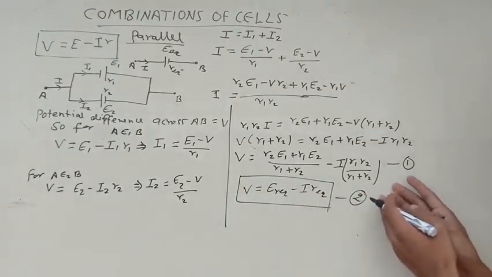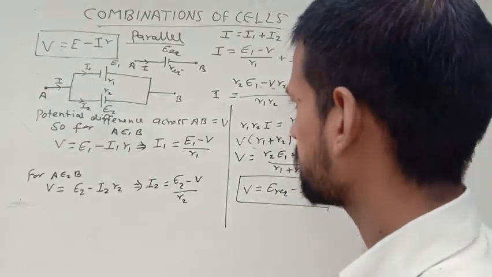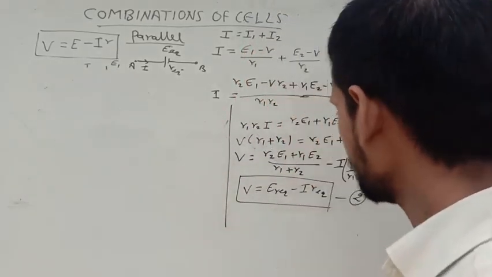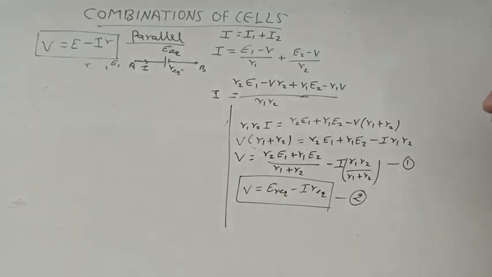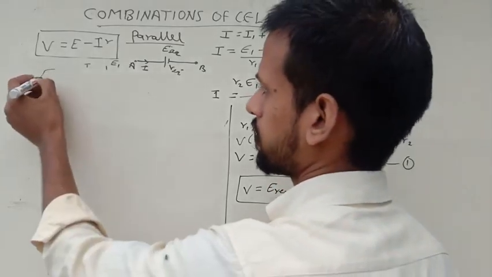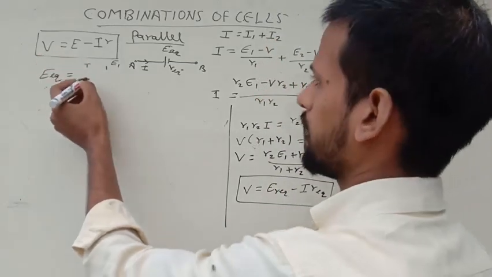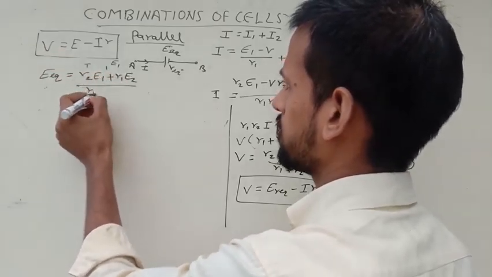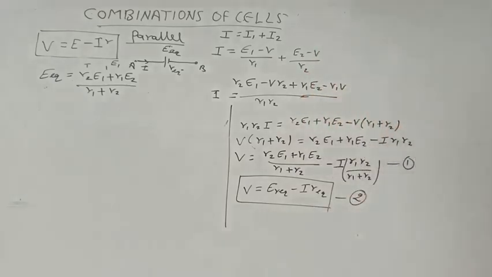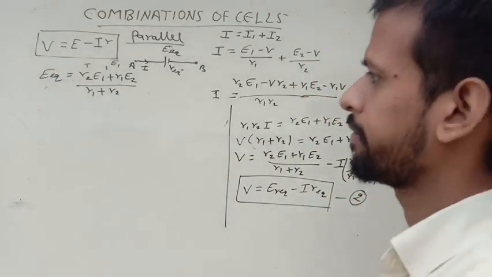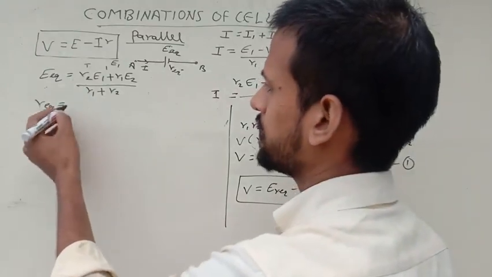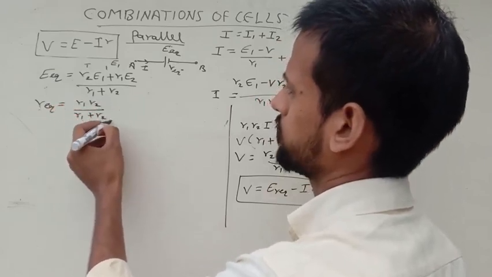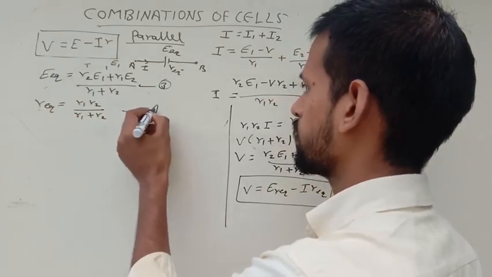Now by comparing equations 1 and 2, the equivalent EMF is R2 E1 plus R1 E2 upon R1 plus R2, and the equivalent resistance is R1 R2 upon R1 plus R2. These are equations 3 and 4.